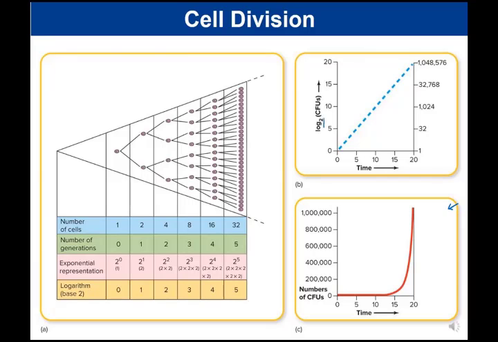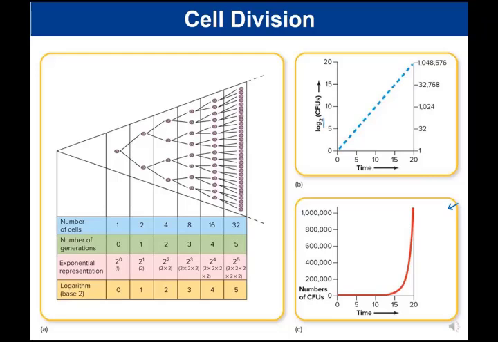And so notice that if you plot this on a log scale, this is a better representation because it's showing you that the bacteria is dividing at a constant rate. It's always dividing at a constant rate, right? It's not changing depending on the number of bacteria. The cell division rate is still the same.